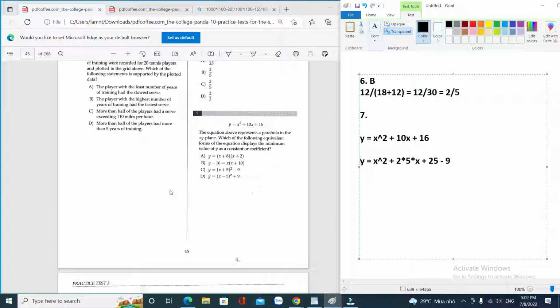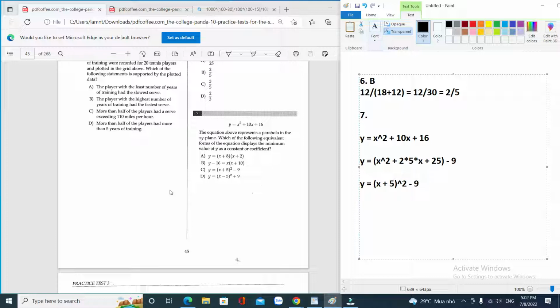We group this together, so y equals (x plus 5) squared minus 9.